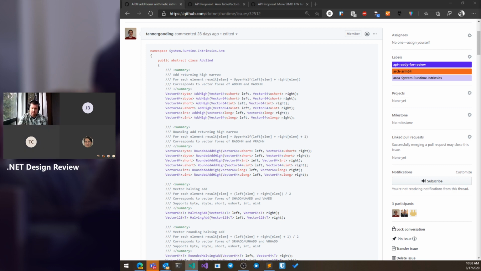I'm just going through the proposal looking for the API that operates on the upper half of the 128-bit inputs. It's under the ARM64 class. Okay.